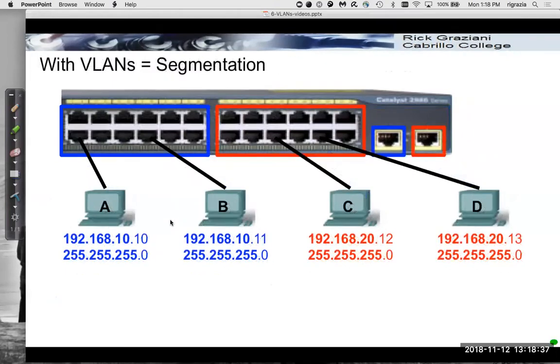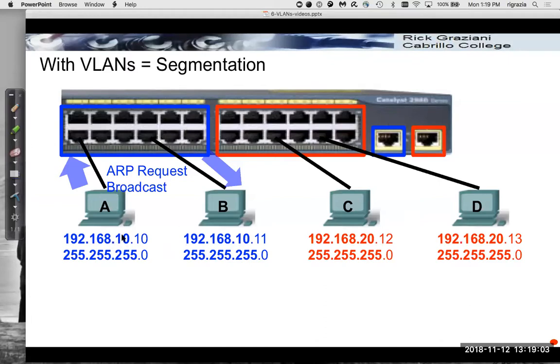But if we were to segment this switch into 2 VLANs, then the ARP request would be isolated to just those ports that are in the same VLAN as the incoming port. So the ARP request comes in on this port and is going to go out only any ports associated with the same VLAN.